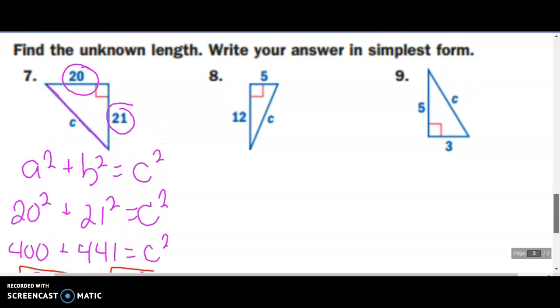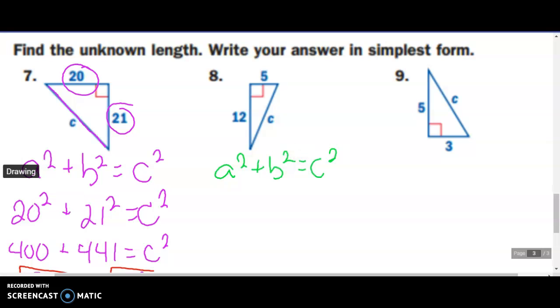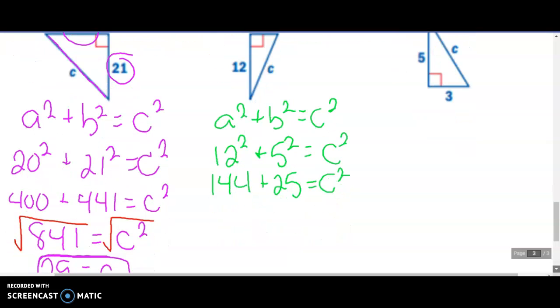For this one, again, we're given the two legs. So we start with the formula a squared plus b squared equals c squared. Doesn't matter if you did 12 squared plus 5 squared or you did 5 squared plus 12 squared. It's the same thing. 144 plus 25 equals c squared. 144 plus 25 is 169 equals c squared.